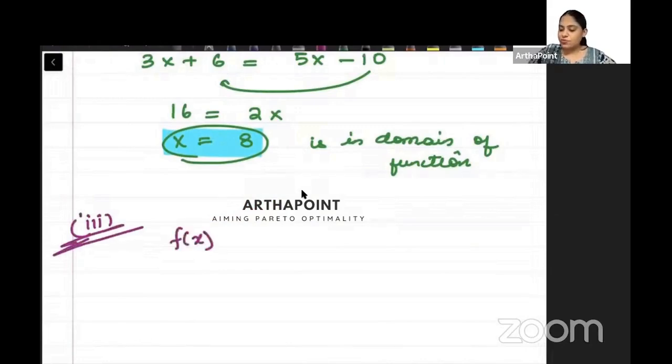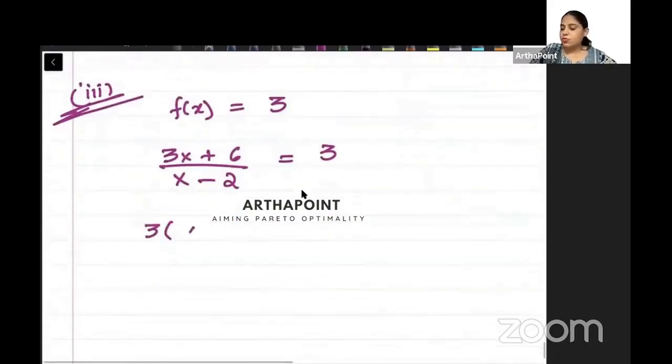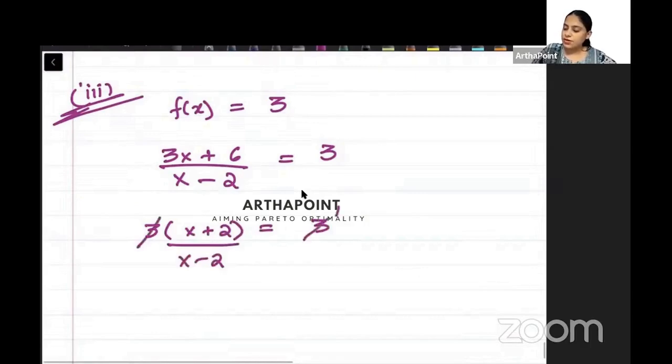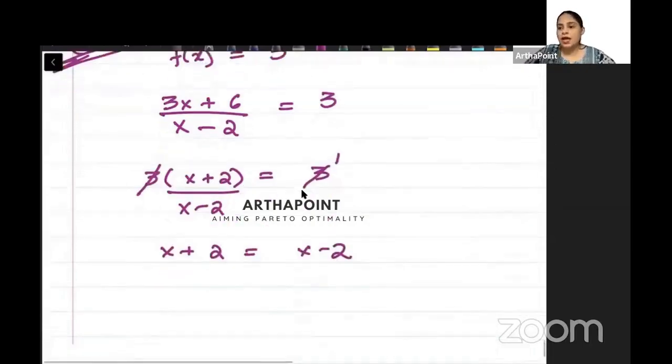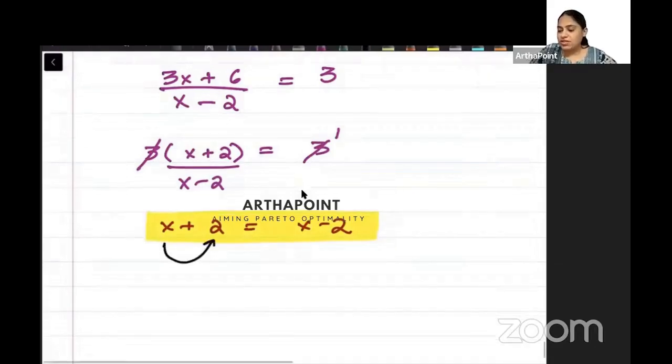Now what we can do is show that 3 is not in the range of the function. So f(x) को हम 3 equate करेंगे. (3x plus 6) upon (x minus 2) equal to 3. I will take 3 common. x plus 2, equal to 3 times... here I have x minus 2. So x plus 2 is equal to x minus 2. Now, can this equation be satisfied, beta? क्या ऐसे possible है? Is it possible that when you add 2 to a number and subtract 2 from the number, both are equal to each other?